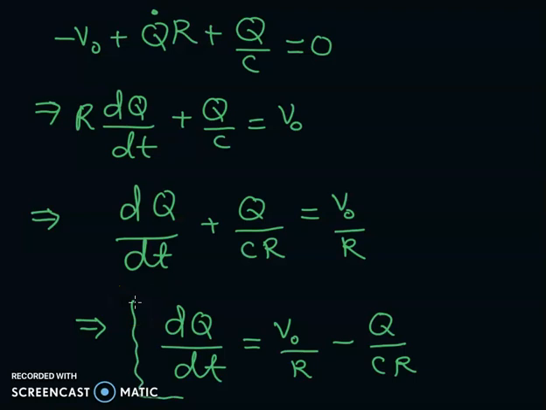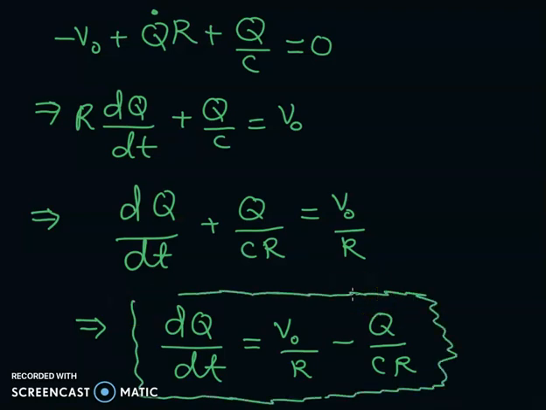So this is going to be the differential equation that will govern the above phenomena. Q is the charge at time t on the capacitor, V0 is the constant voltage, R is the resistance, and C is the capacitance of the capacitor.